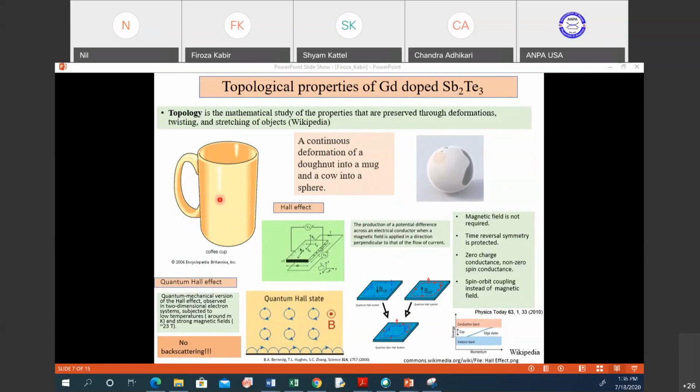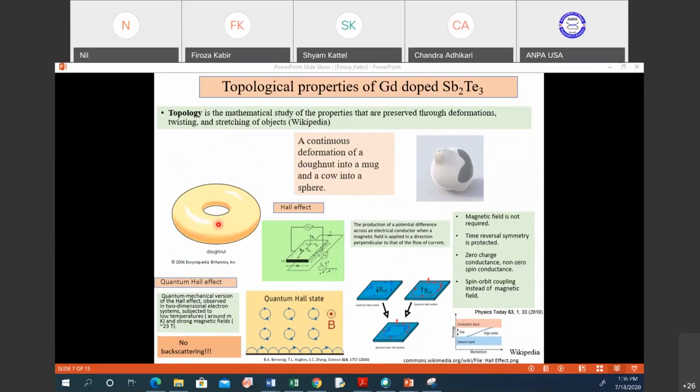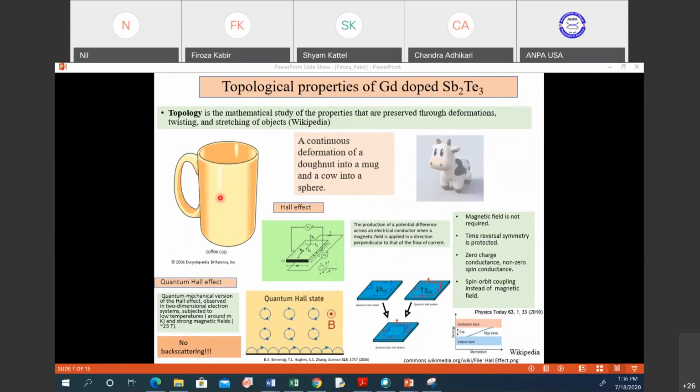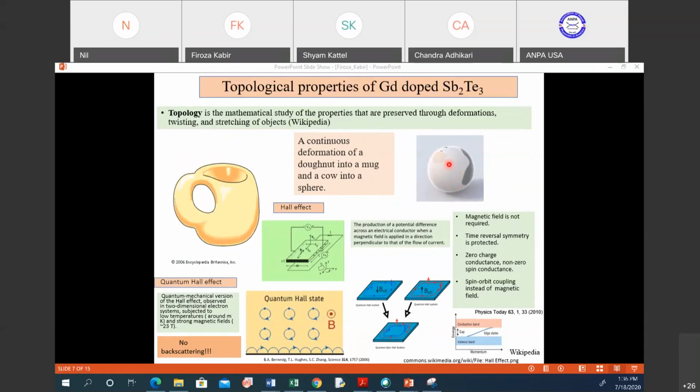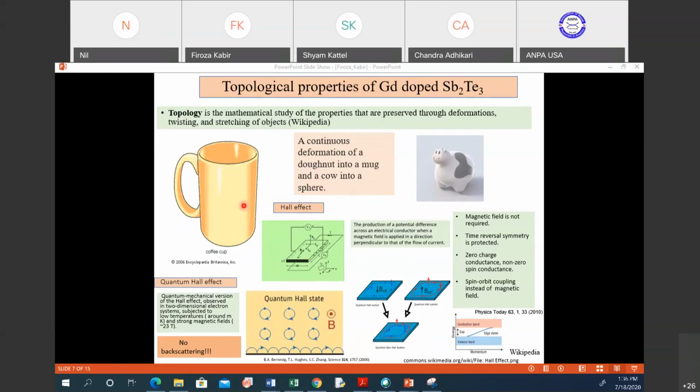The coffee cup and donut have one hole in common, and the cow and the ball have no holes. That means if you continuously deform or twist these objects, their topological properties would be the same.